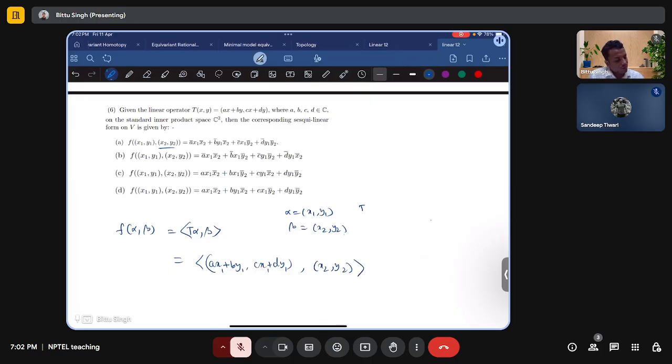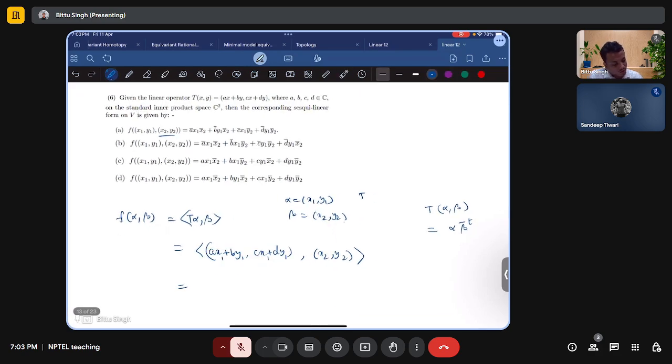Now we know that the inner product of T alpha comma beta is defined as alpha beta bar transpose, that is this times this, row times column, taking conjugation.